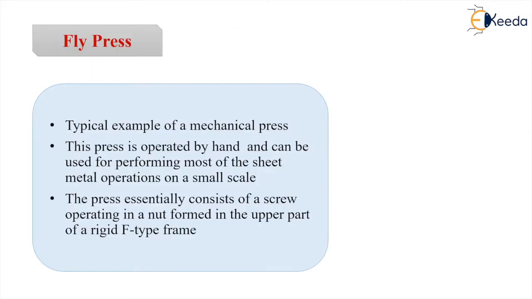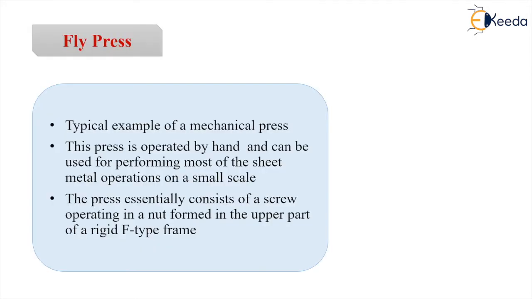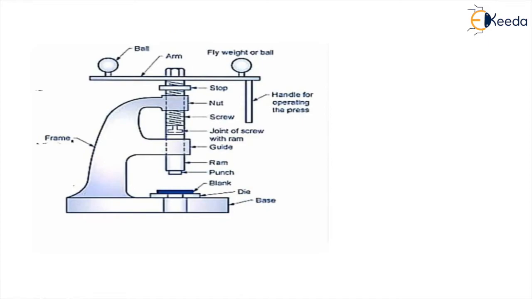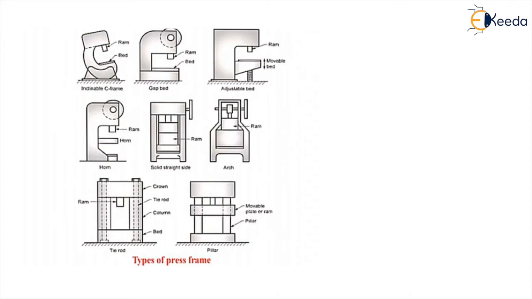So this is about the fly or ball press. This is basically used for performing most of the sheet metal operations on a small scale. Then we have all these types of presses here.